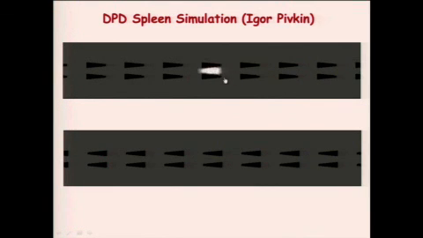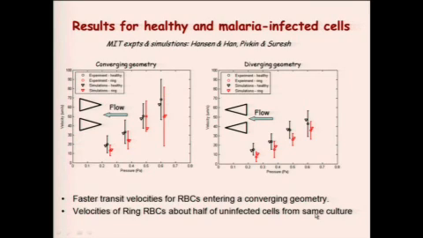Yes, here is our simulation, and you can see how distorted the cell is in each of these cases. It's very highly distorted, so if the cell is at all stiff, it just won't make it through those little spaces. In fact, when we look at measurements in that device, we find that the ring stage, the first stage of malaria, can get through these obstacles, but at about half the rate of normal cells. Not surprisingly, it's easier to get through converging than diverging geometries.